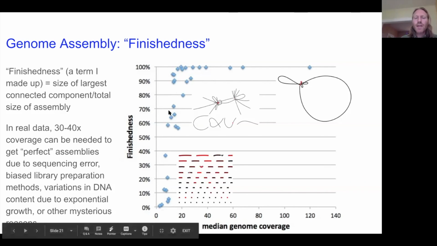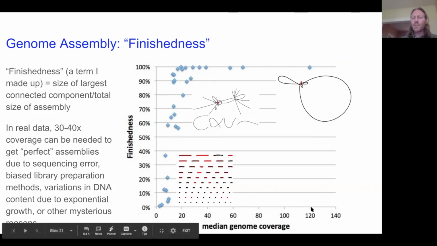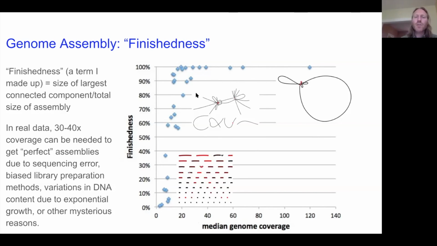So here's some examples where we have a complete genome in one connected component. In graph speak, that means that all of the contigs are connected to each other. So 100% here. And that genome had an average coverage of 120x. Some of these genomes are kind of in the middle. Most of the assembly is in one big connected component, but we have these other pieces that are disconnected.